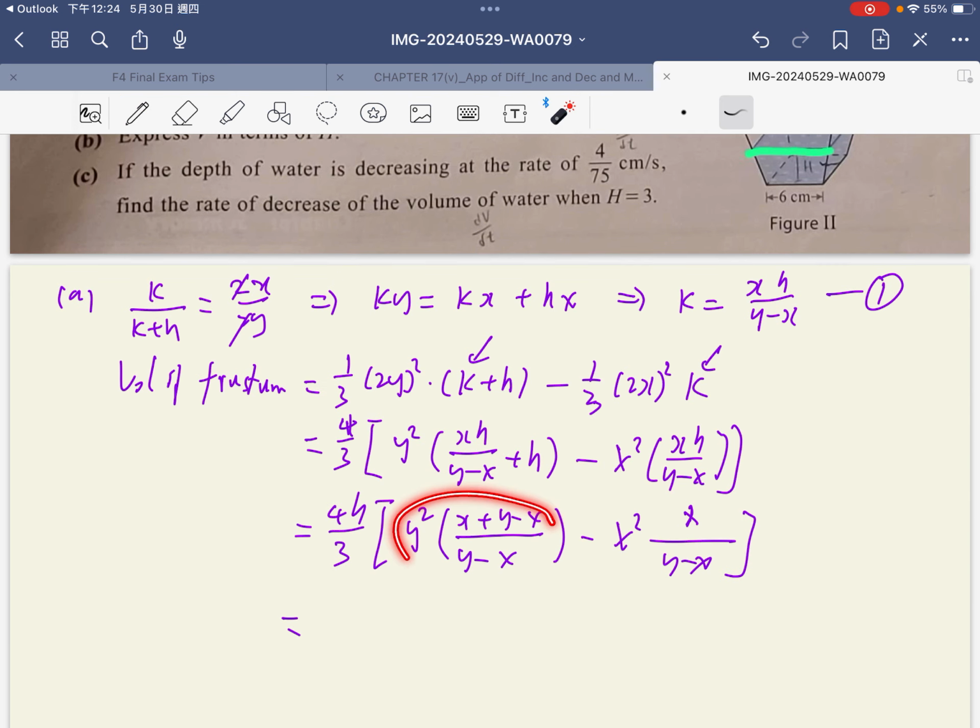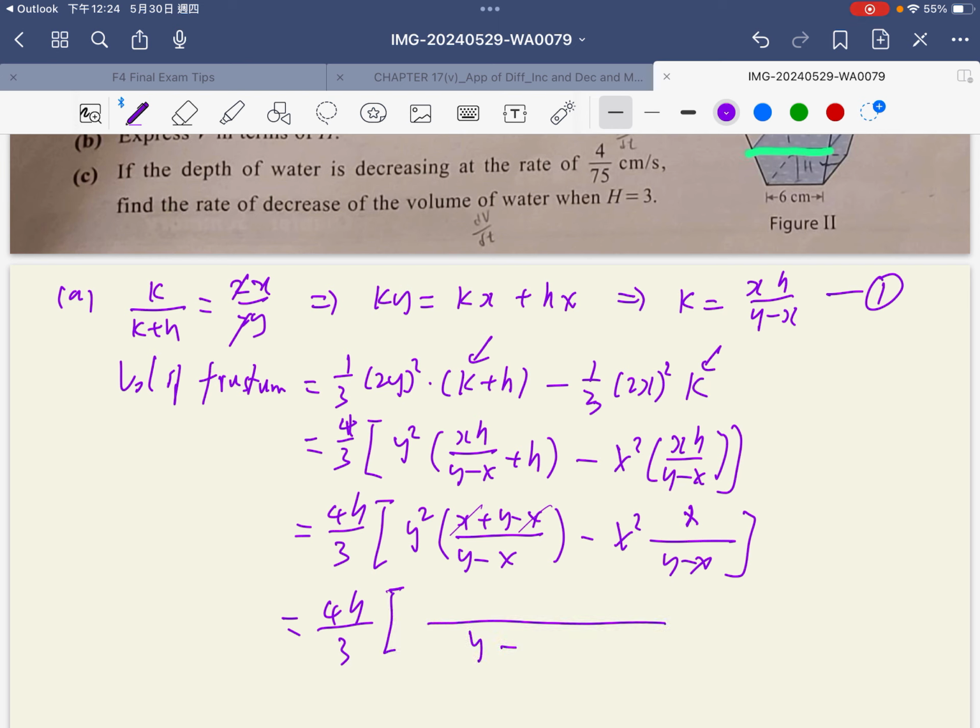These two fractions have the same common denominator, so we can first cancel this 2x and then combine the two fractions together.